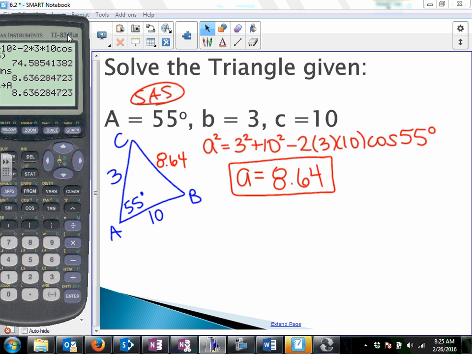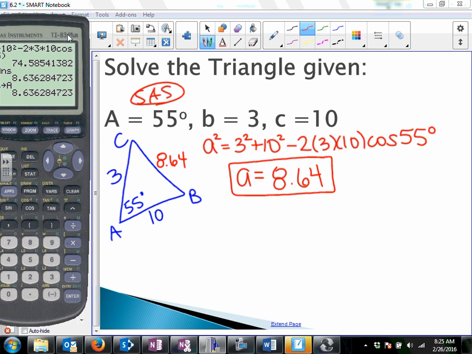Okay. So I'm going to stick with the law of cosines just so we can practice the law of cosines formula, because when we solve for angles with the law of cosines, we have to be careful with our algebra. But once we find the second angle, for the third angle we can use the 180 rule. So which angle would you like to find first? Angle B, sure.